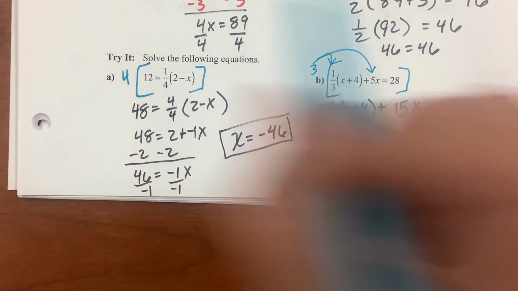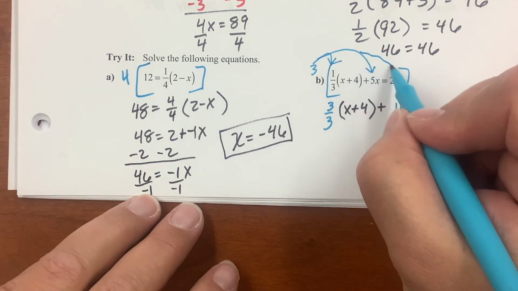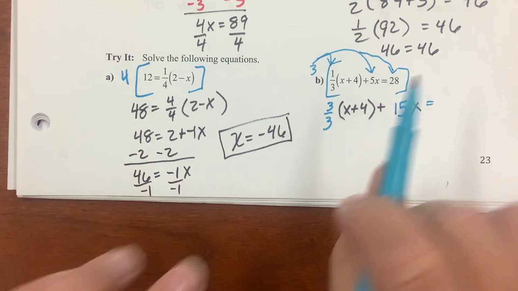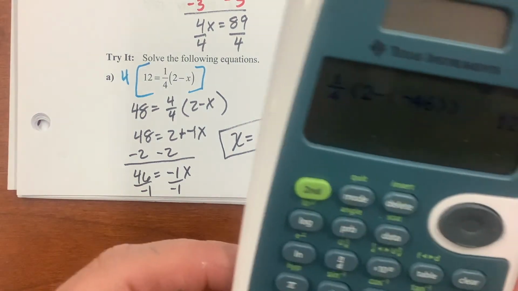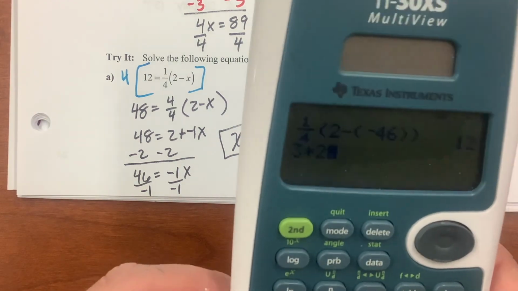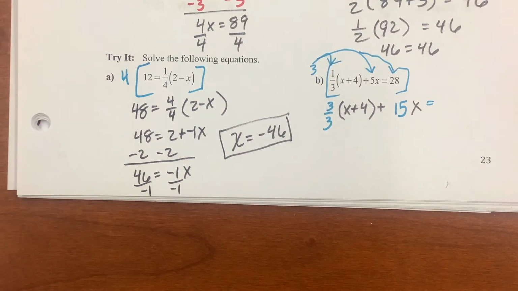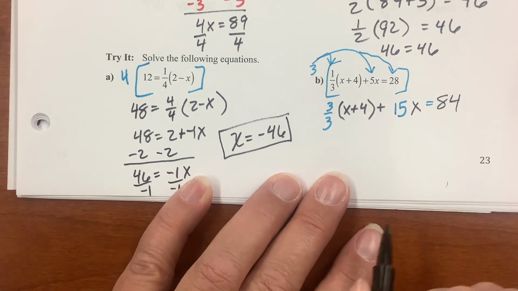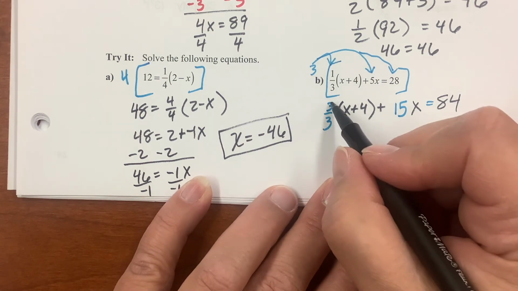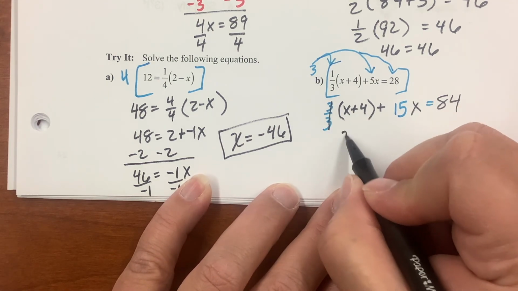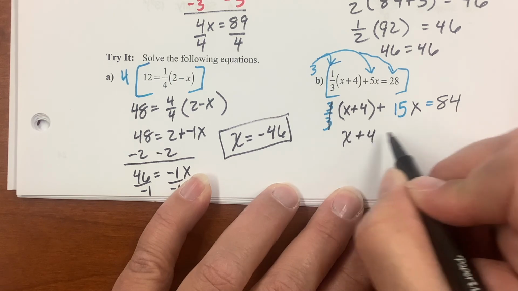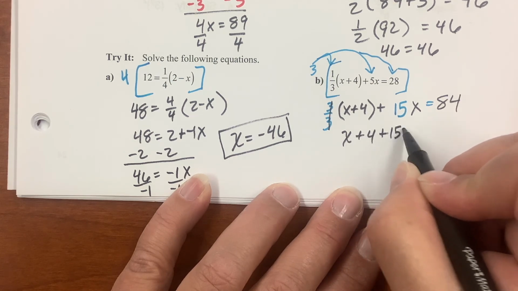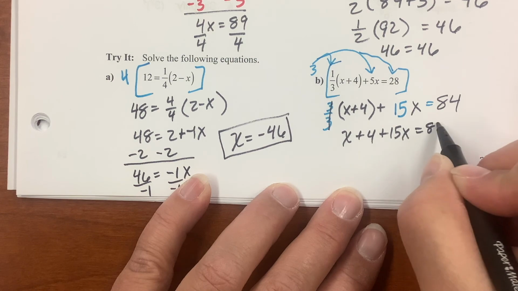And 3 times 28, which I don't happen to know. What is 3 times 28? Let's find out. 3 times 28. Ooh, 84. Okay, so now this is just 1. So x plus 4 plus 15x equals 84.